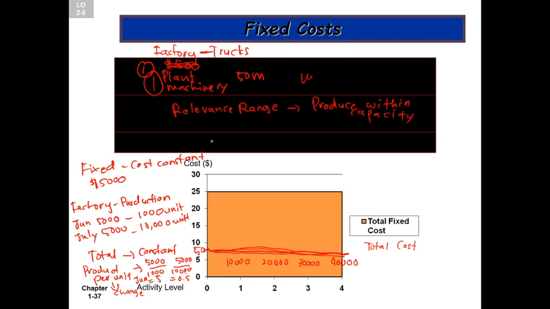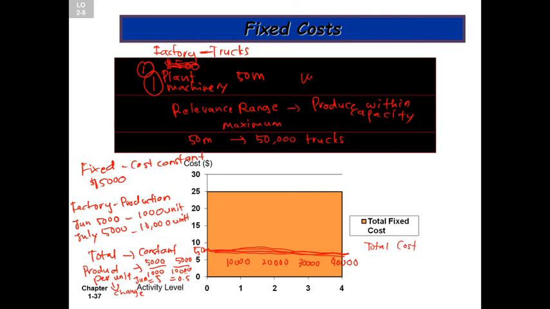Let's say, for example, this 50 million machinery can produce 50,000 trucks. This is the maximum capacity. We cannot say that the fixed cost is fixed forever.